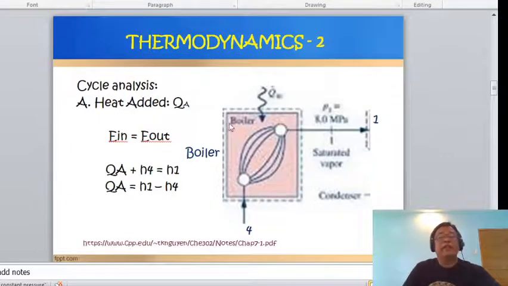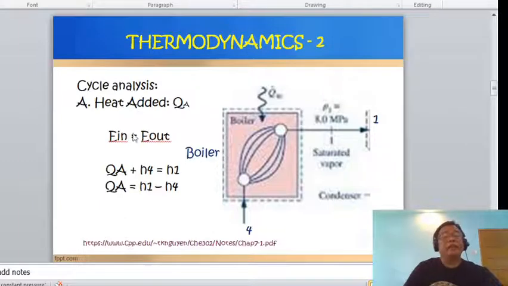So here is now, class, the analysis of the system. So we will discuss, class, one by one. Okay. So first we are going to isolate the boiler. So we are going to detach the boiler, of course, from the system. So the heat added, class, in the boiler.